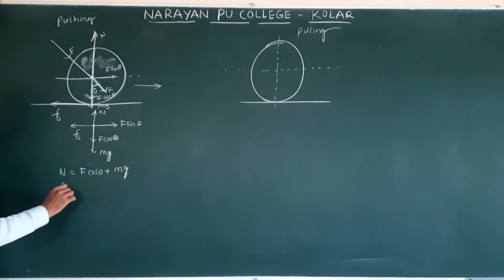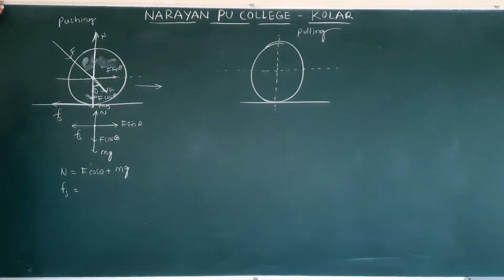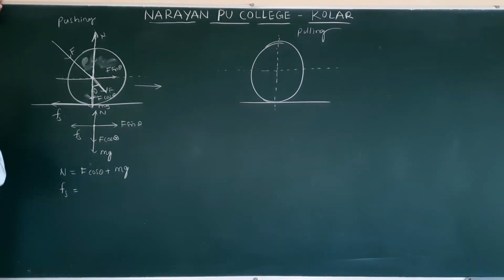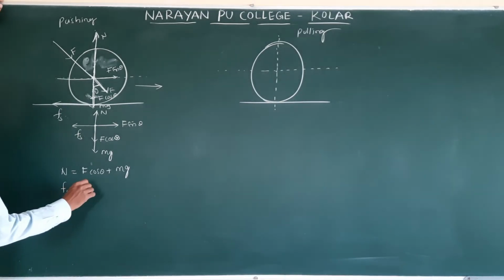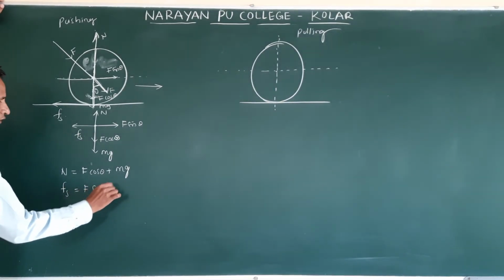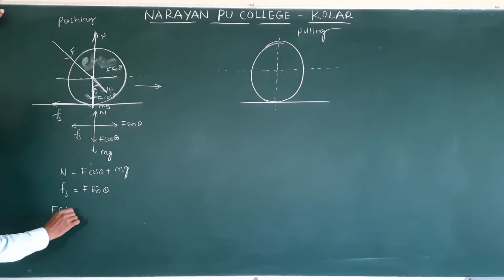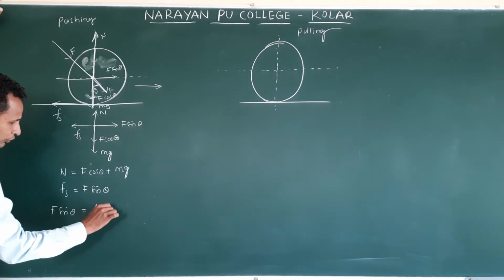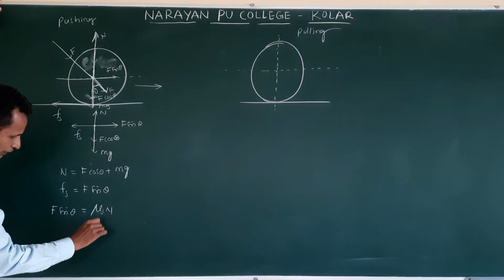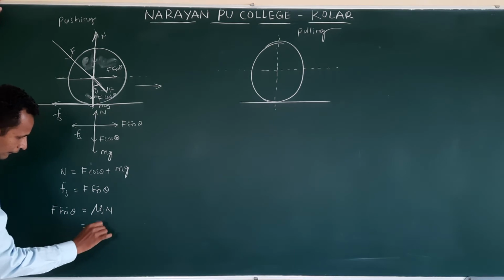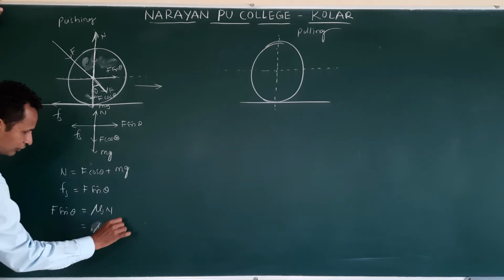Now friction, Fs. What is Fs equal to? F sin theta. Okay, now F sin theta is equal to Fs, which is mu s into N. So mu s, what is the N value?